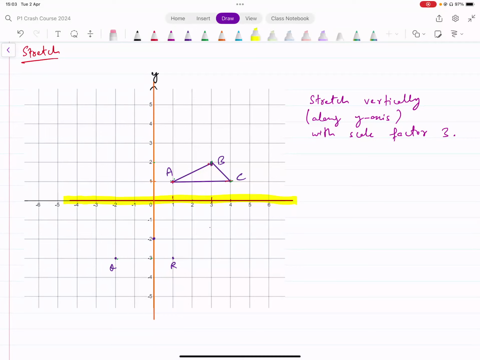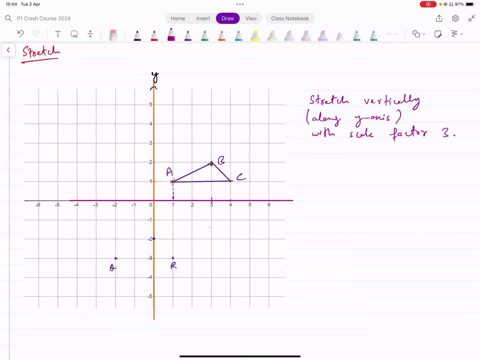So in enlargement, just like you used to have a point of reference, the center of enlargement, in stretch, you have a line from which you're going to be measuring distance. In enlargement, you used to measure distance from a point. In stretch, you measure distance from a line instead. So let's say this is the line that we're talking about. You have to measure distance from this line, from the x-axis, and you have to stretch this vertically. By a scale factor of 3, how would it work?